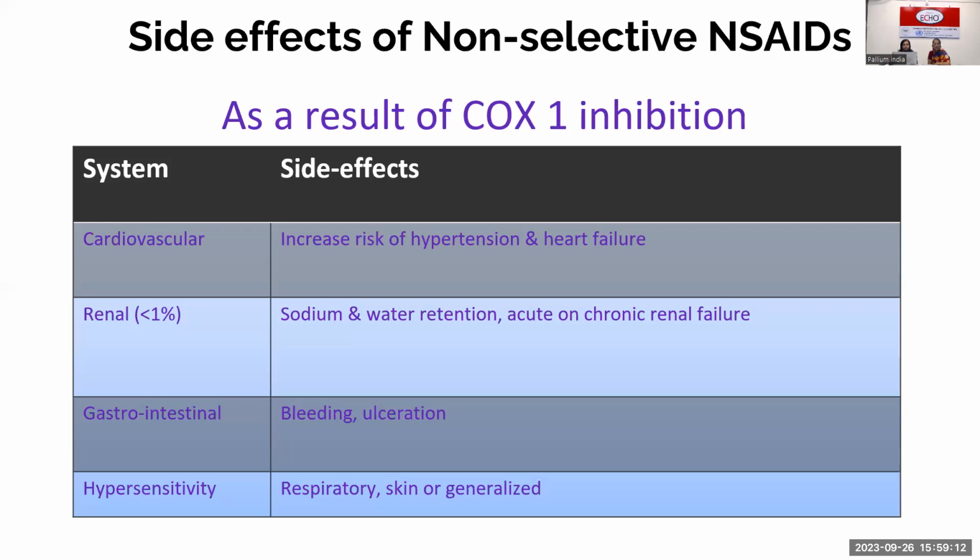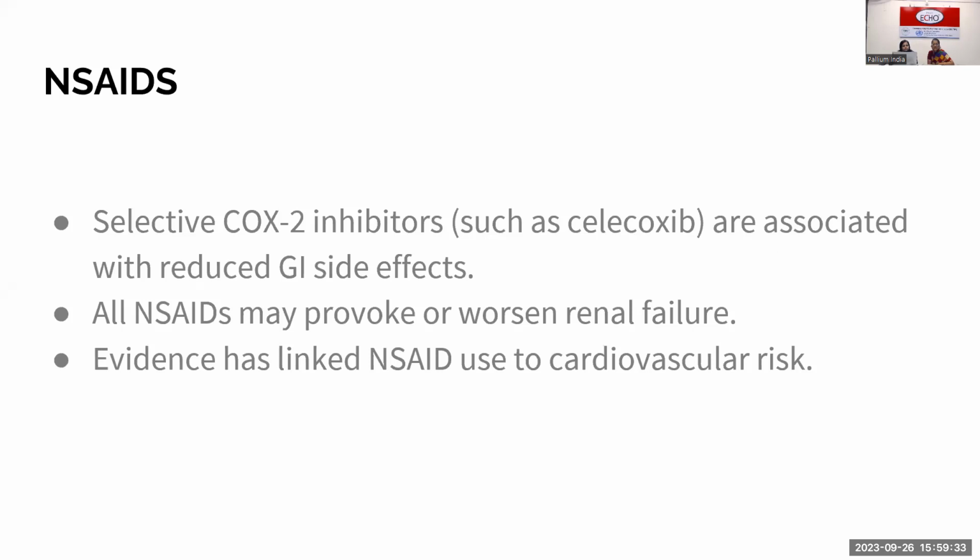So the main thing you have to understand is they have their impact on nearly all systems. Cardiovascular risk also is there. Renal risk is very well known. GI bleeding incidence everyone is aware of, and there can be some hypersensitivity also. Next slide. So next, selective COX inhibitors.